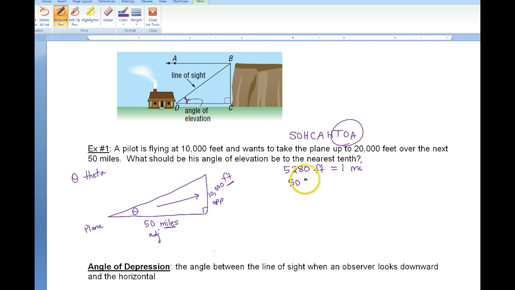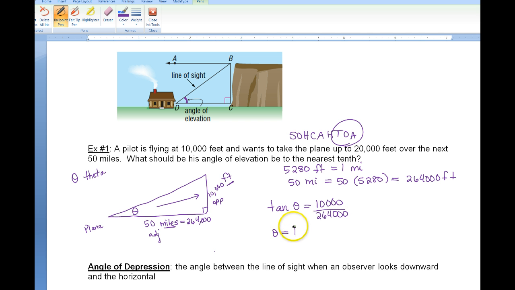So if there are 50 miles, then we're going to take 50 times 5,280, and we get 264,000 feet. So I can kind of picture this as here, 264,000. Okay, so we already established it's going to be tangent. So tangent of theta is equal to opposite over adjacent. If you want to simplify that, you can.